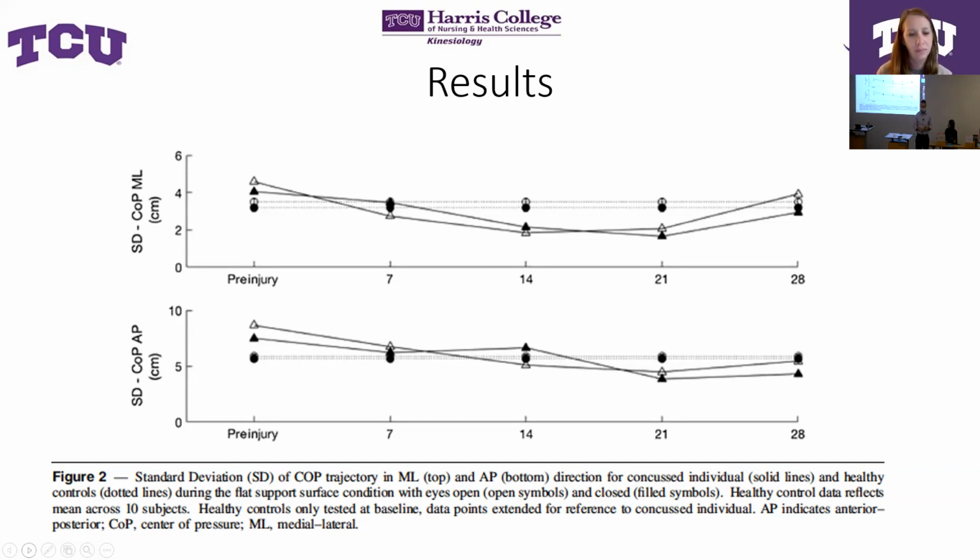His symptoms completely resolved after about 3 weeks. He still had some minor symptoms at 2 or 3 weeks, but from a behavioral standpoint, symptoms were completely resolved. So this is one of the common measures used for evaluating postural control.